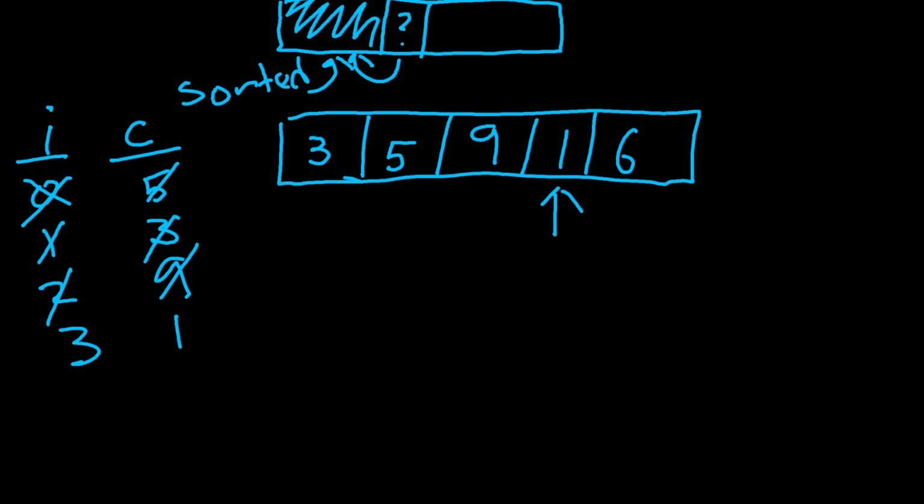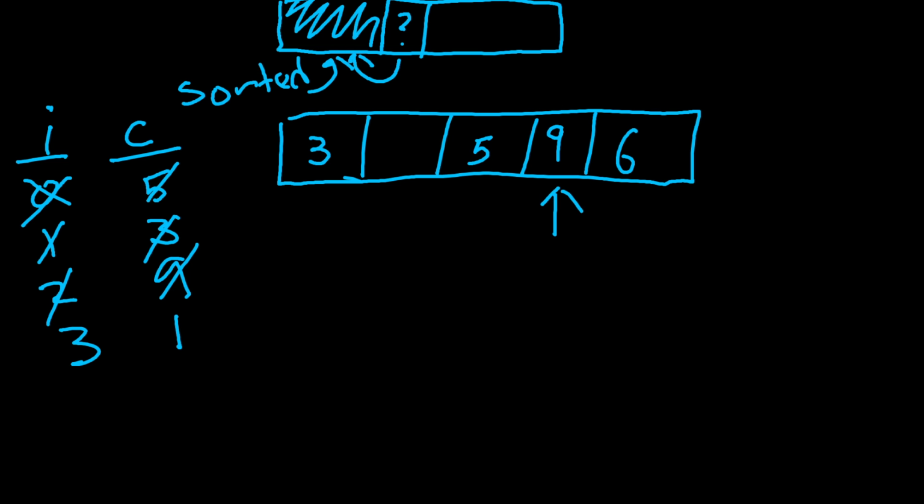Now the current value is 1. I'll just clear this out. We copied 1 over into our current value, C variable. Now 9 is greater than 1, so we'll move 9 down. Now the empty spot is here. We're going to compare 1 versus 5. 1 is still smaller, so we'll put 5 here.